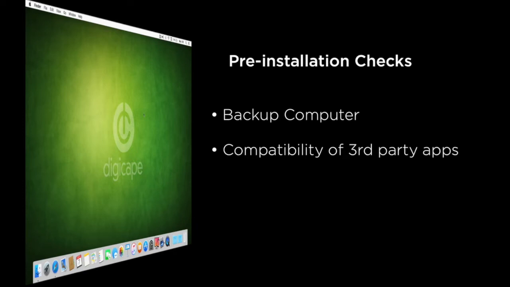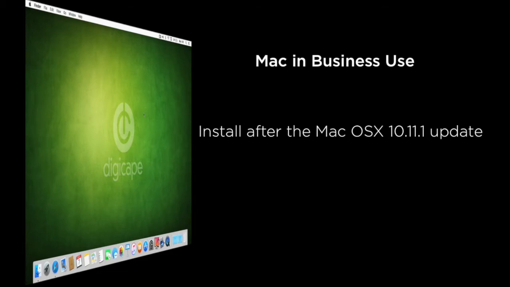Also, you can check the compatibility on a website called roaringapps.com. This we will look into in a little bit more detail before we start with the new features of El Capitan. Also, if you are using your machine for business use, it is advised to rather wait until the release of its first point update before the installation.